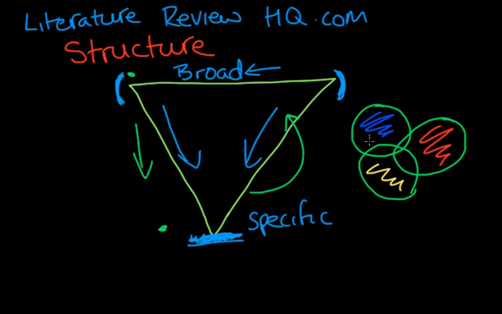So you've got these two areas here which are related between themselves, these two areas are related between themselves, and these two areas are related between themselves. But then in the middle here, you've got this area, and that is essentially your literature review. That is where all these areas come together and form and actually explain part of the same thing.